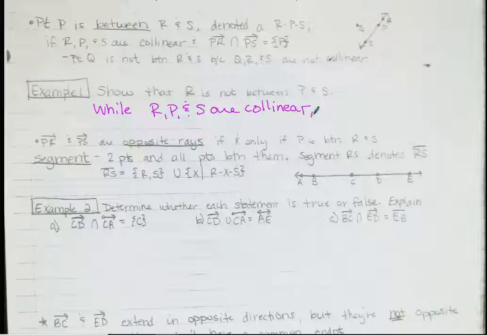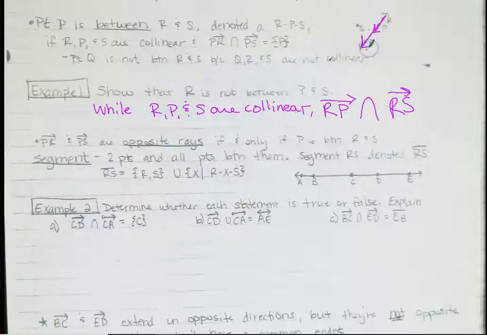if we look at ray RP, I think I get my book too close. So ray RP intersects ray RS is ray RS.